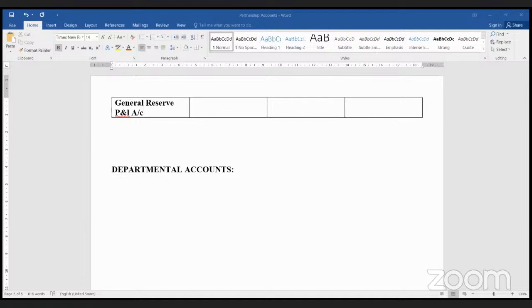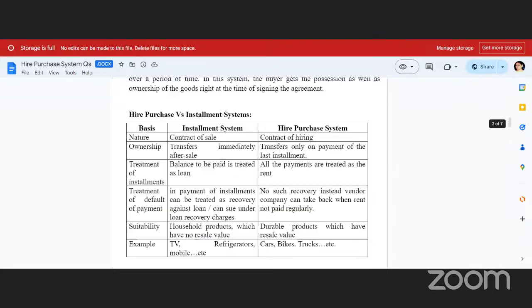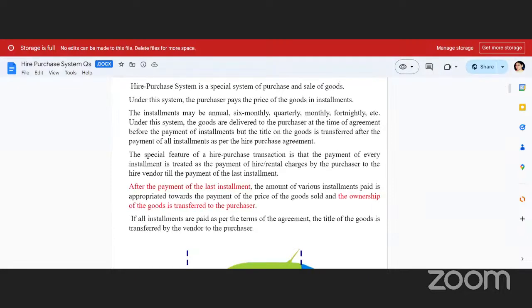Ma'am, can you share the hire purchase number? Hire purchase is more majorly with the journal entries. Okay, I'll show you that also. One second, I'll share the other screen. Ma'am, can you give your number? I'm sharing. Look here. I'll share this document.